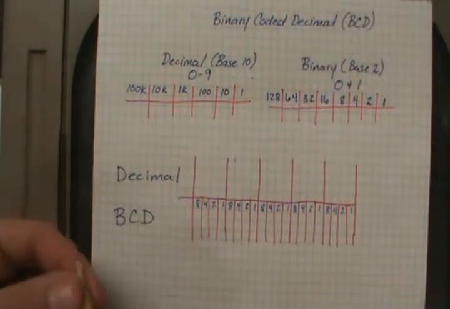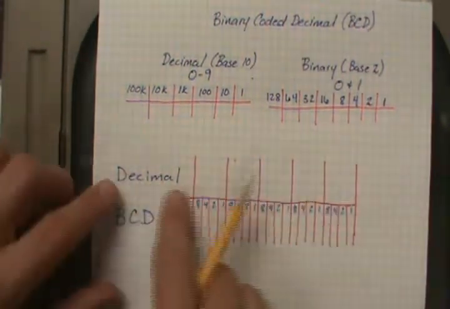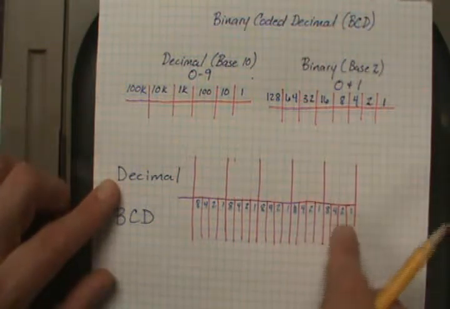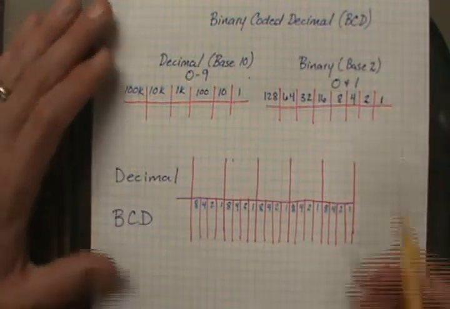So what we have here is now the means and ability to represent each digit of a decimal number with the first 4 bits of binary.